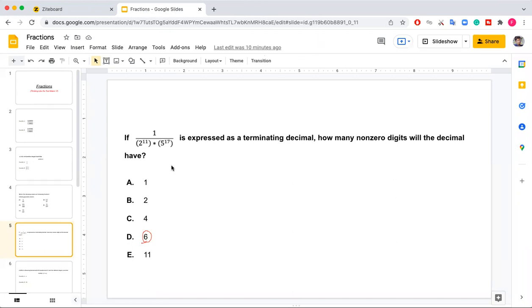Okay, let's solve this question now. First of all, we have this fraction and the question is that it's expressed as a terminating decimal, right? How many non-zero digits will the decimal have? Okay, now let's try to form some pattern in this. We have 1 divided by 2 power 11 into 5 power 17, right? In any way, if we have 10 in the denominator, our calculation will be very simple.